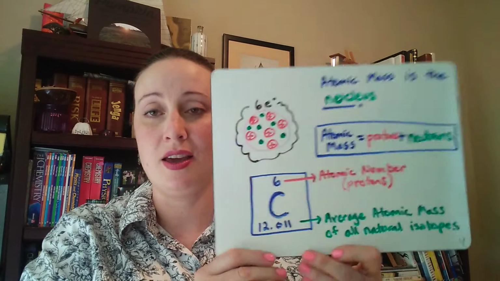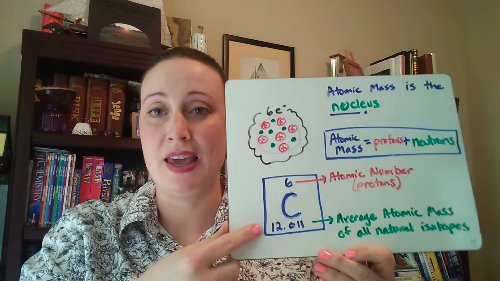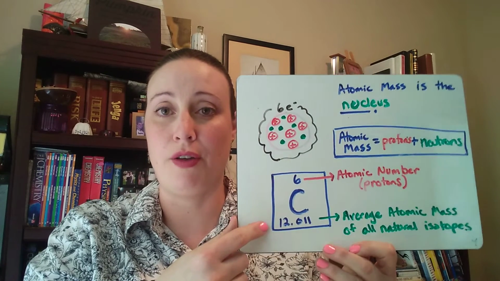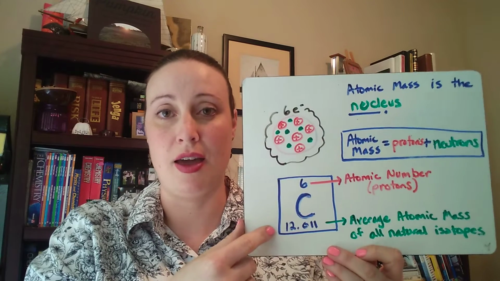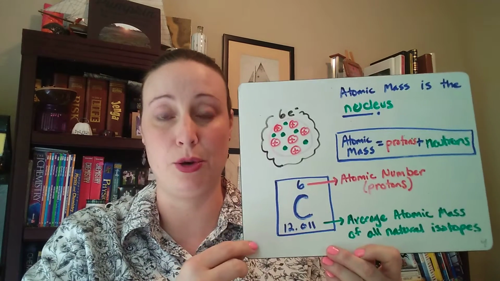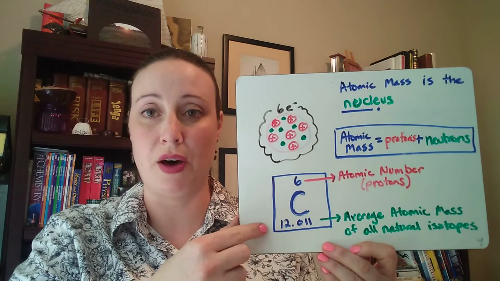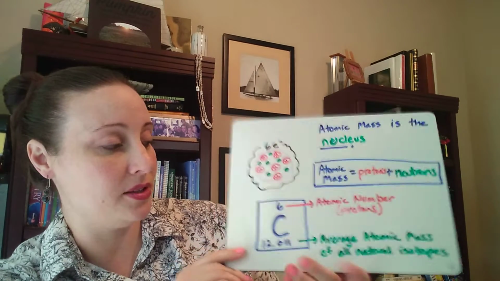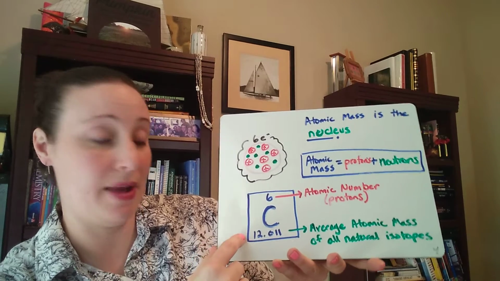And then the bottom number here is called the atomic mass. And this is actually the average of all the masses of all the different types of carbon that exist naturally. And we call those different types isotopes. We'll get into that in just a second. So you can see it's close to 12, 12.011, but it's not exactly 12. And that's because most of the carbon that occurs has a mass of 12.